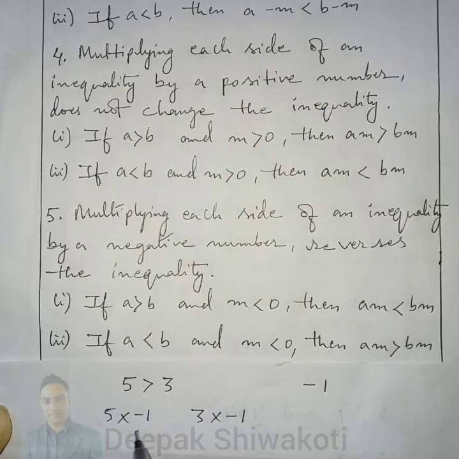So here 5 into minus 1 is minus 5 and 3 into minus 1 is minus 3. Here minus 5 is not greater than minus 3, so the sign will be minus 5 is less than minus 3. Okay, it is less than. So here the sign reverses if we multiply by a negative number.